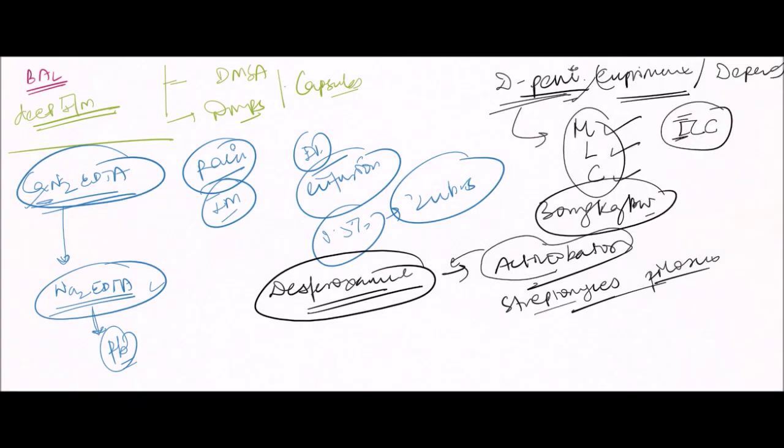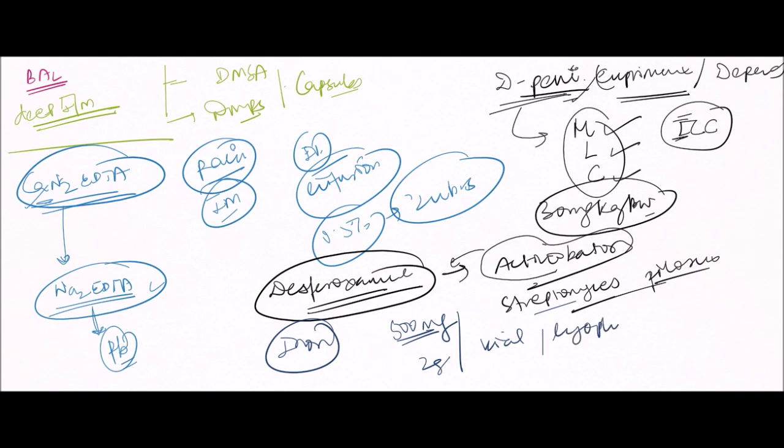So it is a chelating agent used in iron overload, and it comes in 500 milligram and 2 gram vials in lyophilized form. This is the chelating agent of choice in case of iron poisoning.